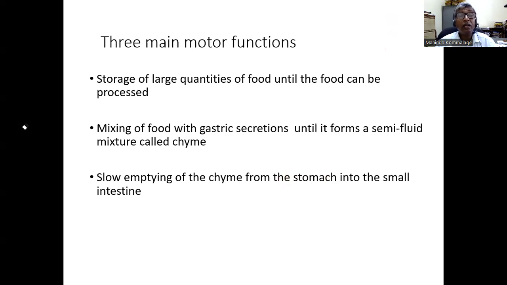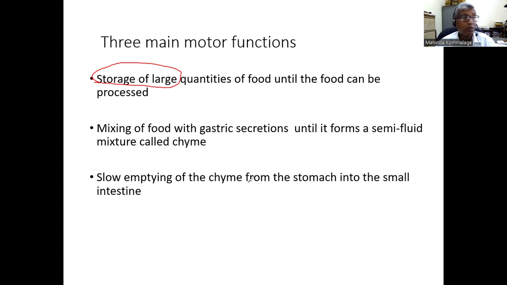So it will act as a storage of the food. We know that we get a very considerable large amount of food, right? So everything will go and fill somewhere, it needs good storage. So the stomach is the storage. The stomach is distended, right?